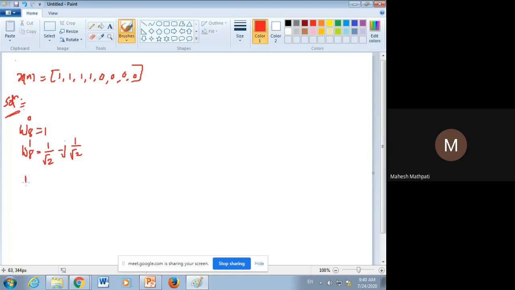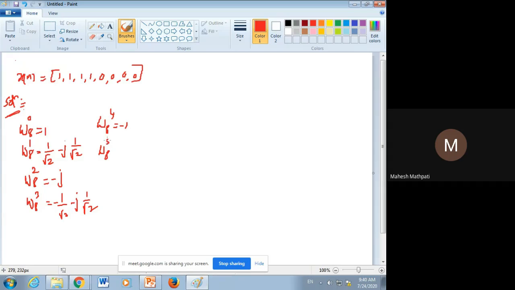Then W8 2 is minus j, and W8 3 is equal to minus 1 by root 2 minus j 1 by root 2, and the value of W8 4 is equal to minus 1.